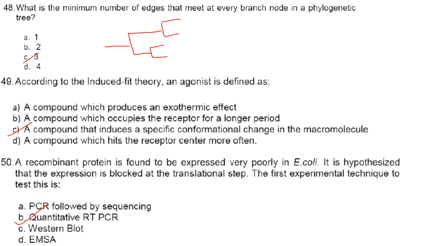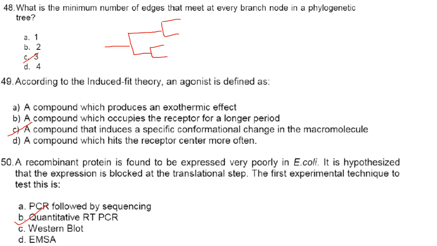Then what is the minimum number of edges that meet at every branch node in a phylogenetic tree? This is how a phylogenetic tree will look.